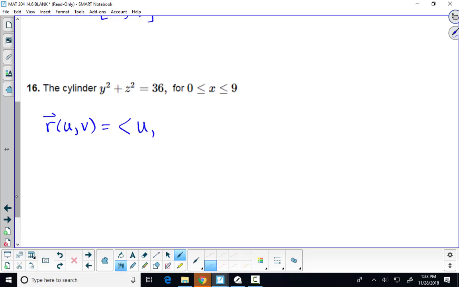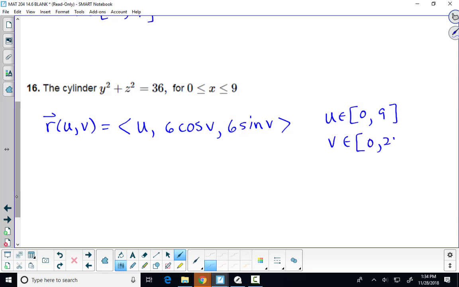So in the YZ plane, we have a circle of radius 6. So we're going to go 6 cosine V, 6 sine V. That's it? That's it. And then we have to indicate that U is going to come from the interval 0 to 9, and V is going to come from the interval 0 to 2 pi. So here we use V as the angle. You told me to use U first, so it doesn't matter though.